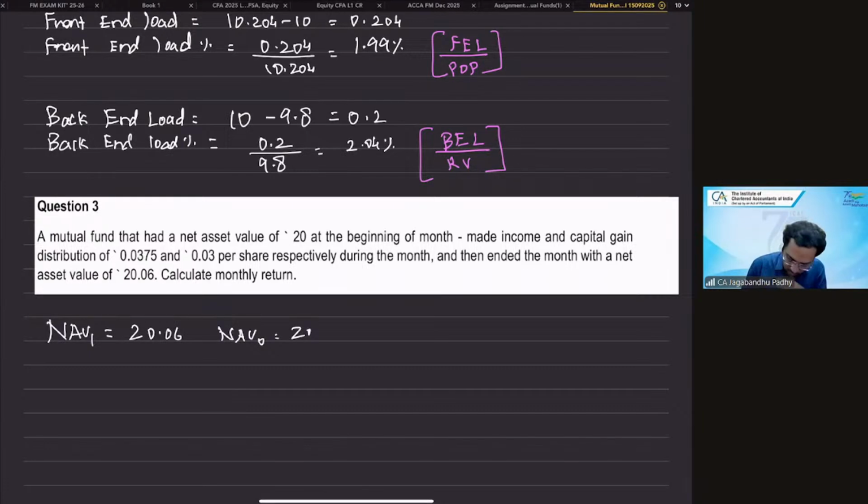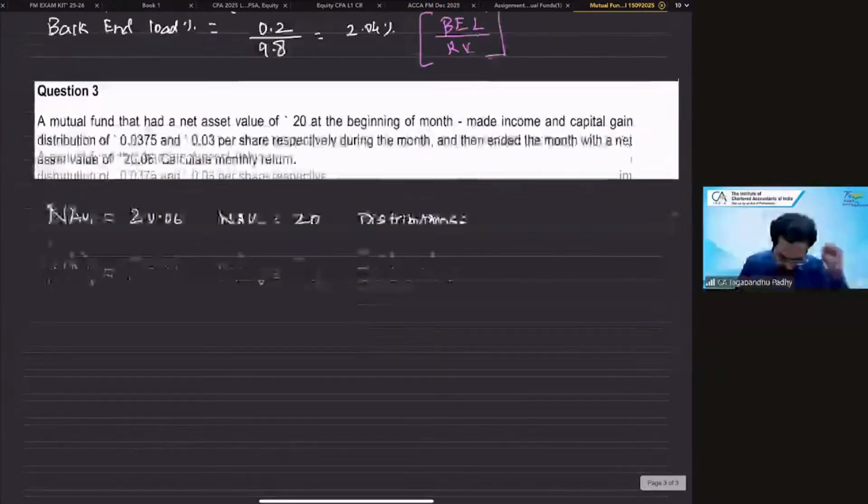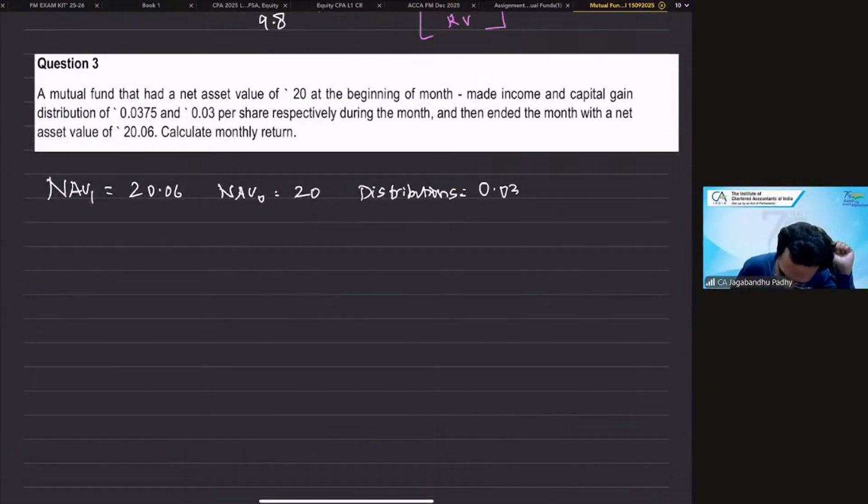And apart from that, the distributions which we have are 0.0375 plus 0.03, which is 0.0675. So the total distribution that an investor has received is 0.0675.